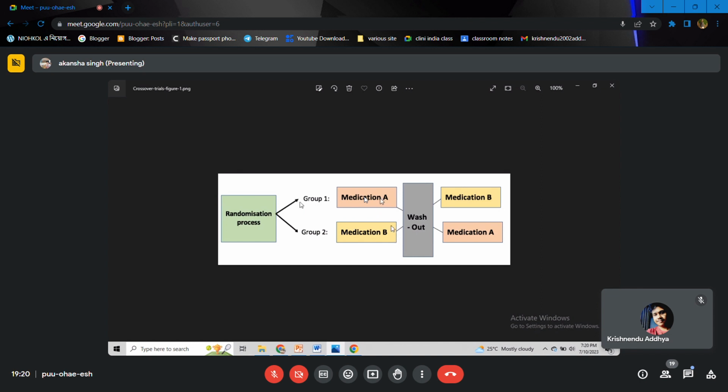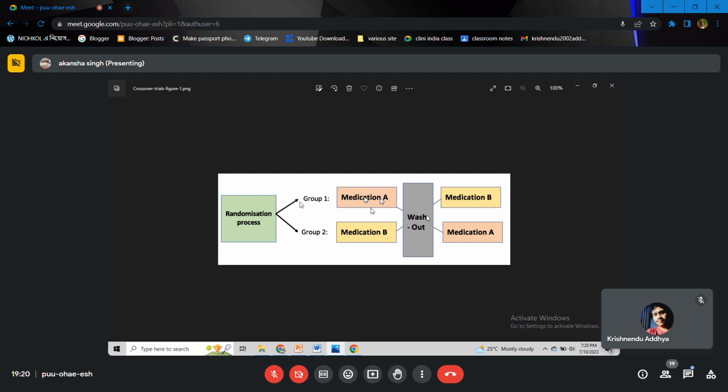After a certain period of time there will be a washout period. In the washout period, no medication is given to these two groups of patients. Why? So that they can come back to their original state.